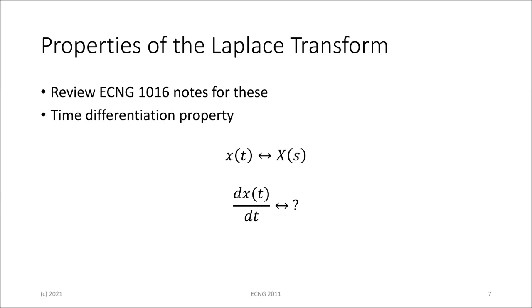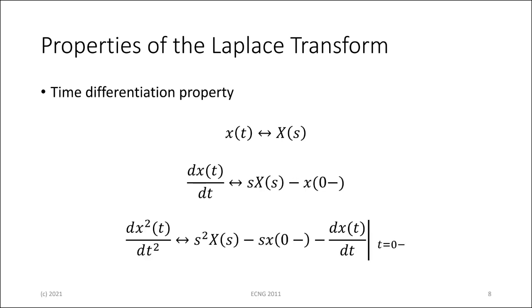And if you remember, if x(t) has a transform X(s), then dx/dt had a transform sX(s) minus this initial condition, x at 0 minus. In other words, did x have some value just at the time when it was changing?